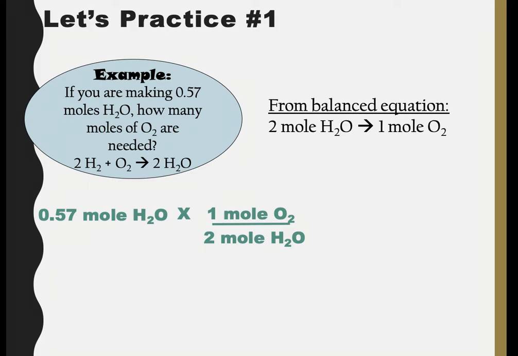I cancel my units and I solve. So 0.57 times 1 divided by 2 is going to give me an answer of 0.29 moles of oxygen. And that's really it. This is stoichiometry.